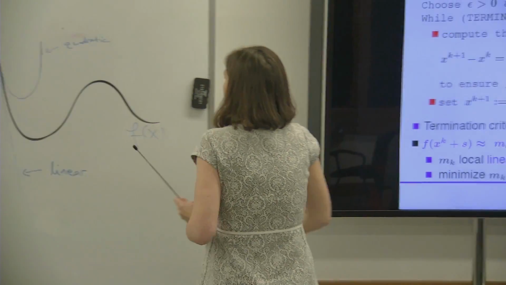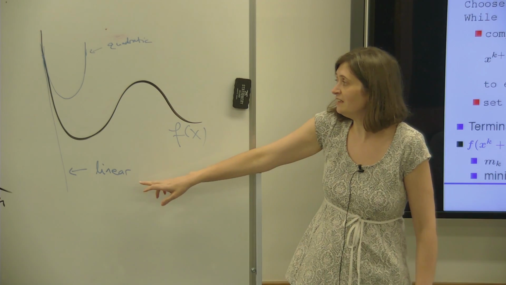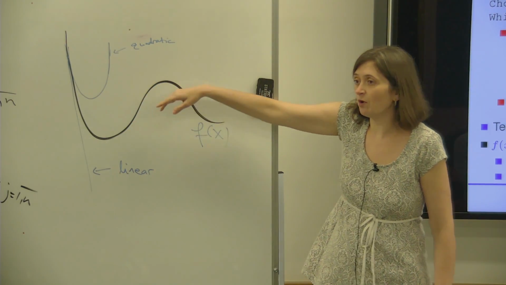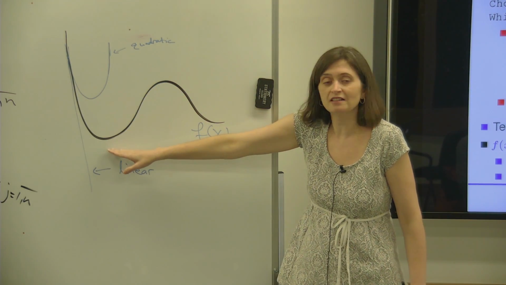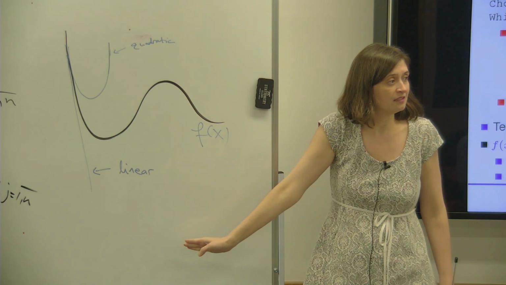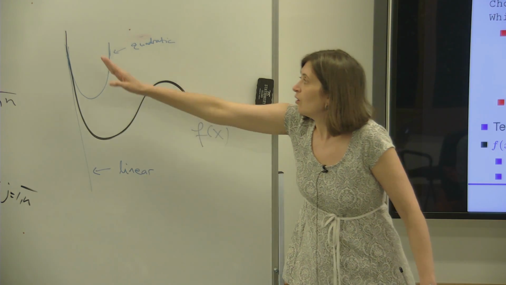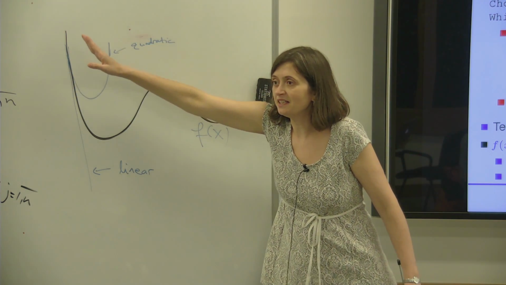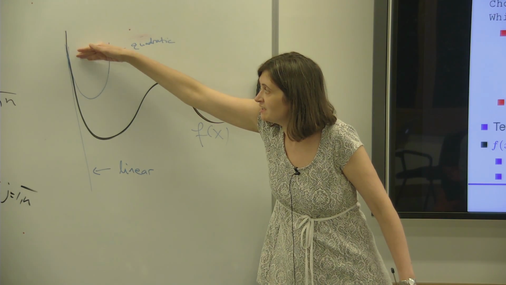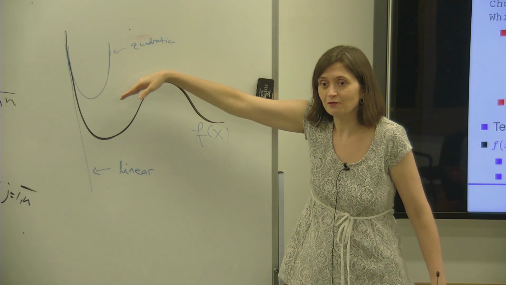That's for the second derivative case. So if you look at this simple drawing that I put here in 1D, when I talk about linear models, I talk about approximating my nonlinear function by, say, the tangent. That's a linear model that uses the slope. Or by a local quadratic that uses the gradient and the second derivative information.